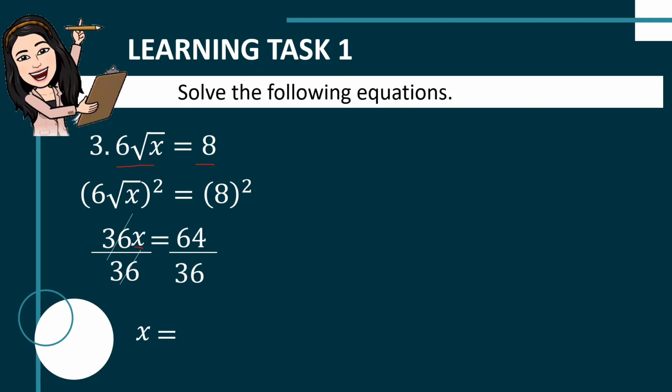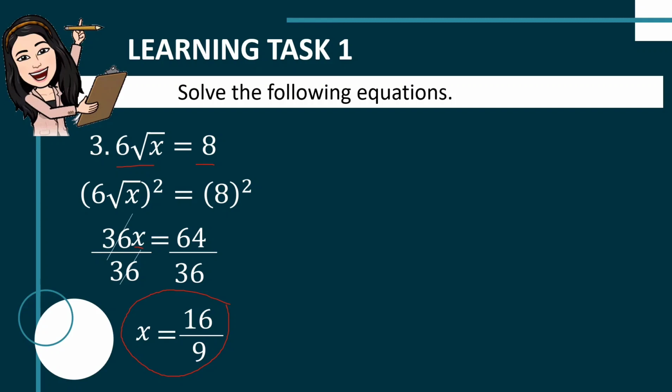Now, what is 64 divided by 4? Yes, we have 16. How about 36 divided by 4? Okay, we have 9. So therefore, this is the value of x. x is equal to 16 over 9. Okay, lowest term na siya.